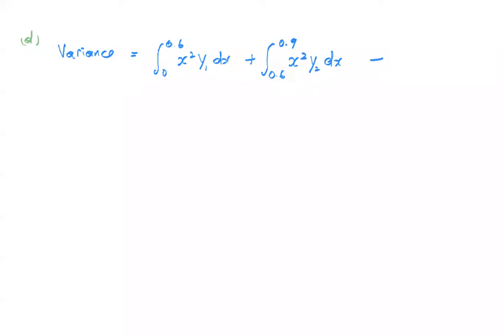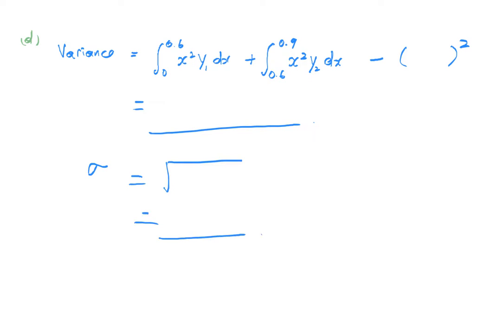Take away the mean square. What is the mean? Just how we get it from part C, correct? So you just write down the value squared, then key in your calculator and get the answer. Then the standard deviation, you just square root it and you get the answer. That's it. So writing out properly is very important. Then the rest is just relax and press into your calculator and get the answer. That's it.